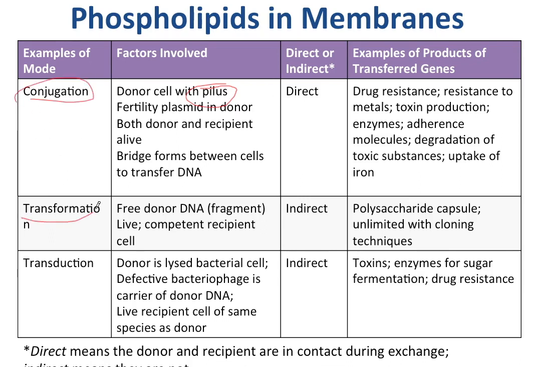Another is transformation. Transformation means the bacteria phagocytose a DNA fragment. Okay, so they can eat a DNA fragment, and then the DNA fragment can be integrated with their chromosome, so the genetic information can be expressed and change the bacterial trait.